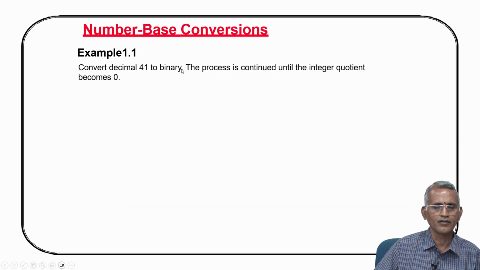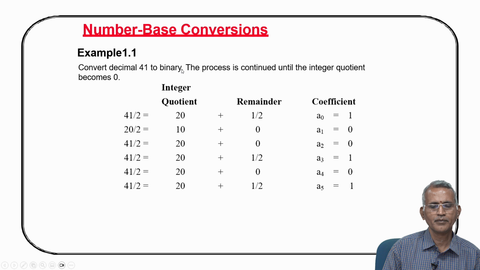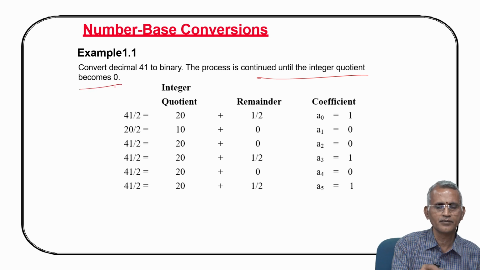Number base conversion, for example, convert decimal 41 to binary. The process continues until the integer quotient becomes 0. For example, you divide 41 by 2 and we have 20 with remainder 1, therefore 20 plus a half. Take 20 divided by 2, it becomes 10, with no remainder, 0.